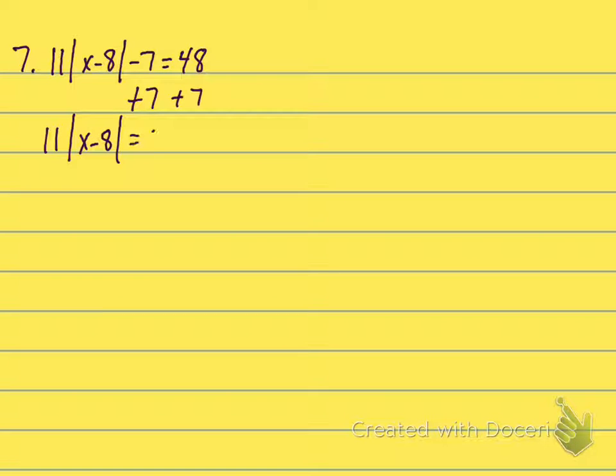Okay, so we started with adding 7 to both sides, and then we divide by 11. That gives us the absolute value of x minus 8 is equal to 5.